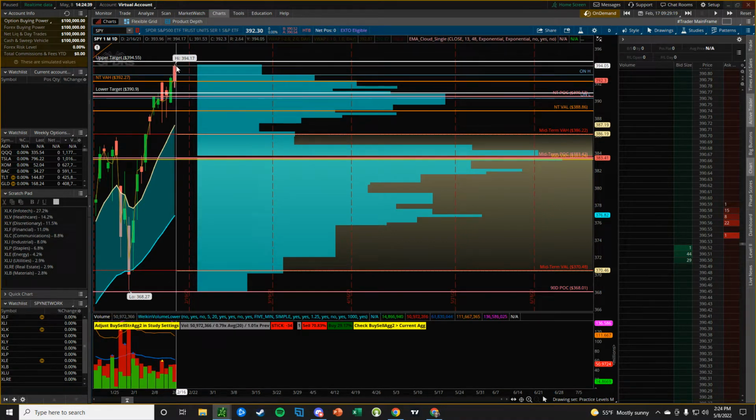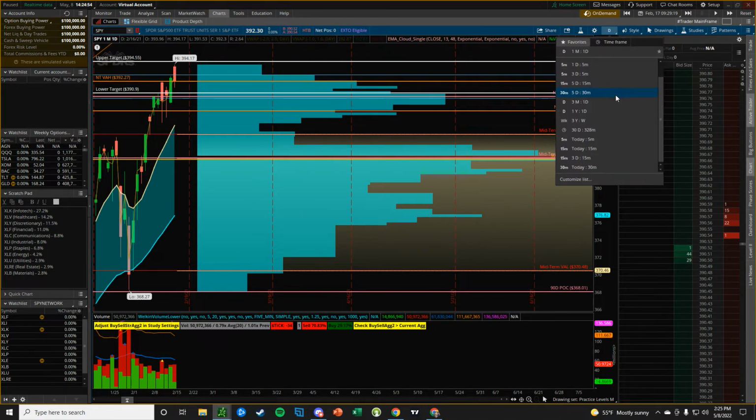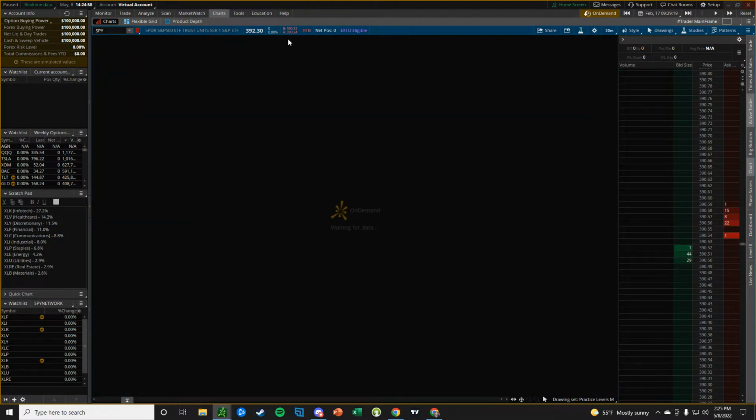So that actually tells me we gapped up on this day, and the gap up was not held. So there might be an unfair high hanging out here. That's something that we definitely want to keep an eye on and be aware of. So let's see what our more near term is doing now.